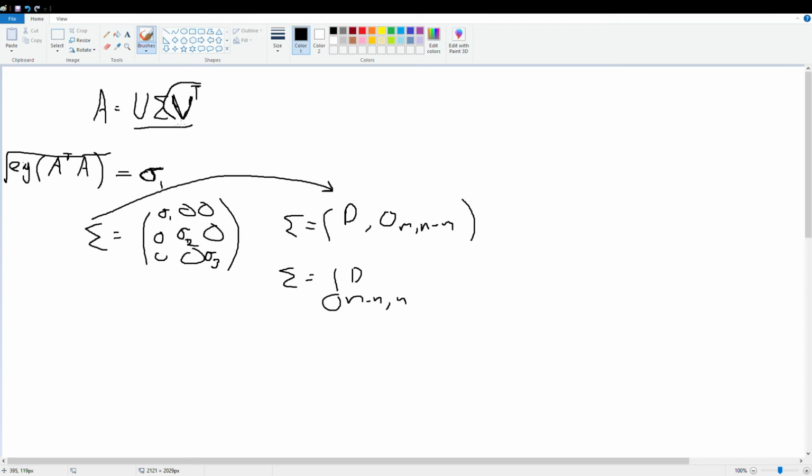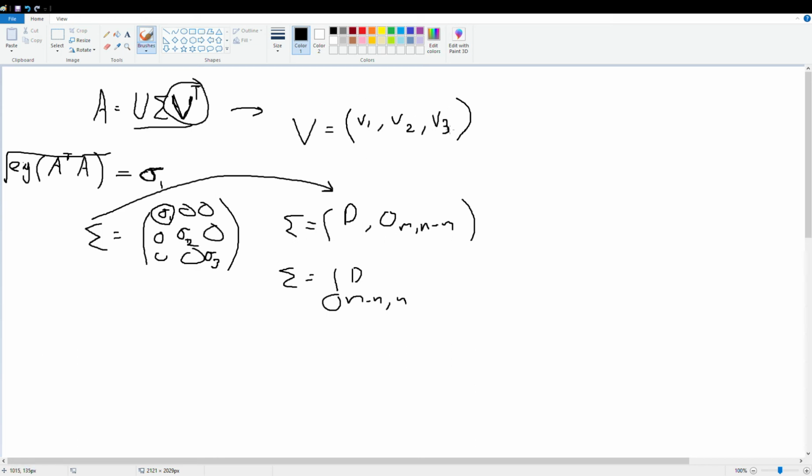Now, let's start with V transpose. Well, V is the ordered unit singular vectors of A. Now, I say ordered here because it's quite important. These singular values need to be in descending order, and the corresponding singular vectors should be in that same order.